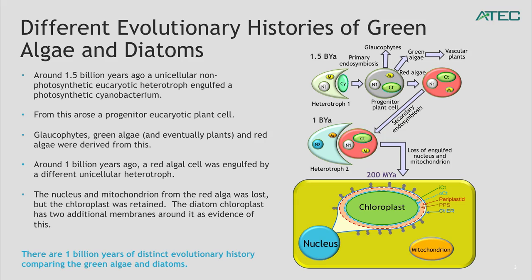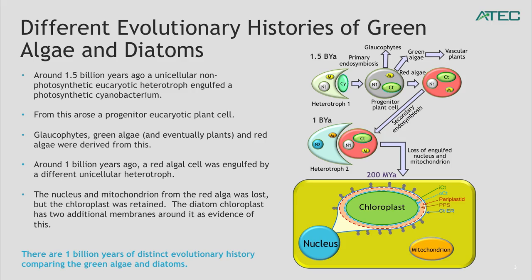Now, diatom chloroplasts are different than those in green algae because they have two additional membranes surrounding the chloroplast: the periplastid membrane, which is a remnant of the red algal plasma membrane, and then the endoplasmic reticulum, which is a remnant of the engulfing event. And so they have some distinct features at that level.